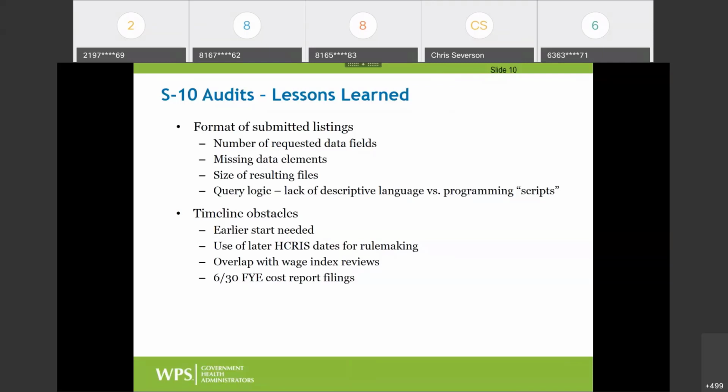I just wanted to reiterate that point. But as far as timeline obstacles, for all of these reasons, everyone has advocated, based on the comments to the most recent rulemakings, that we need more runway to work with. We've got this overlapping with the wage index review process, and there are a lot of 630 providers who have to file their cost reports during this time period.